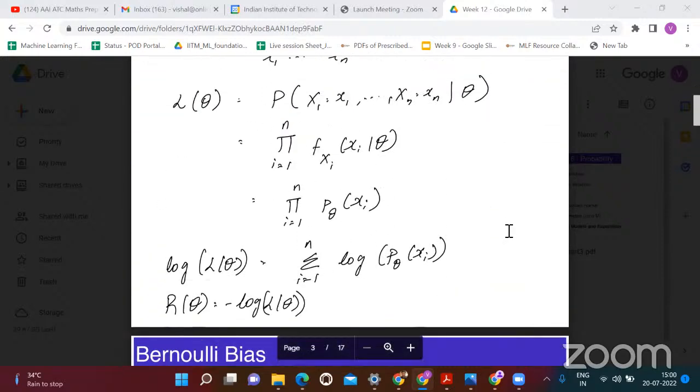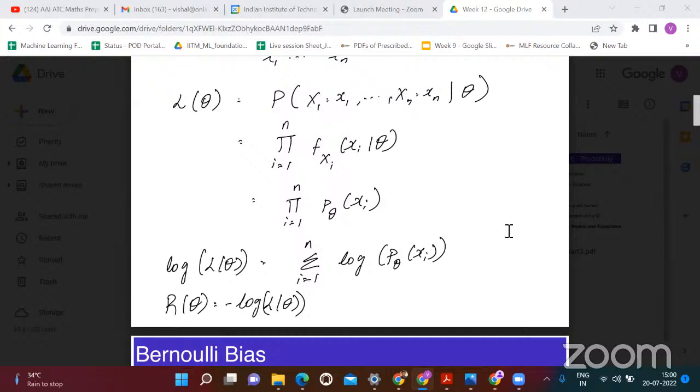We are not aware of the parameters of the normal distribution, but we know how to write the basic density function of the normal distribution.